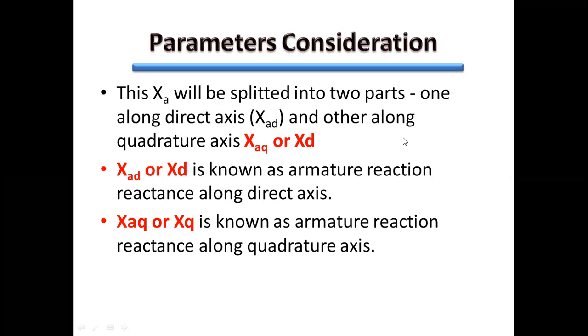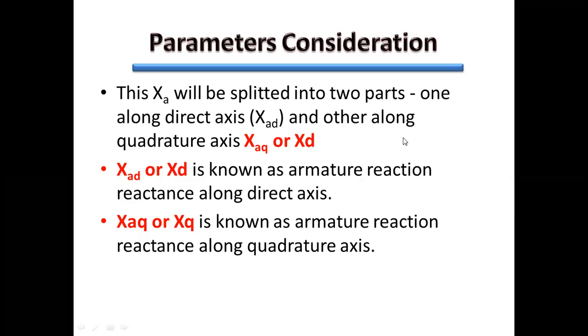As we know, the armature reaction effect is taken care of by the armature reaction reactance, which is denoted by XA. While doing analysis regarding voltage distribution of an alternator, we have seen the various reactances: leakage reactance, armature reaction reactance.